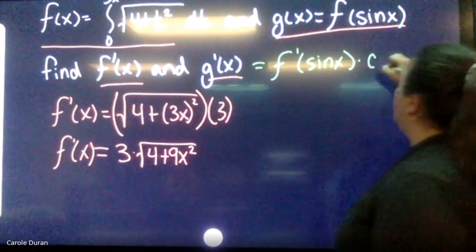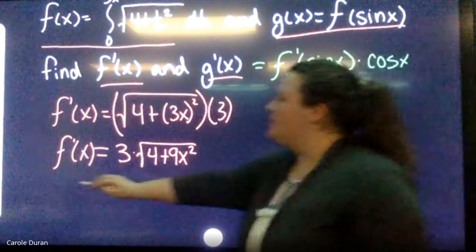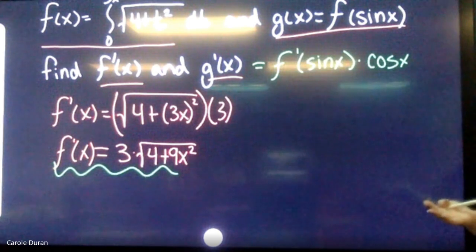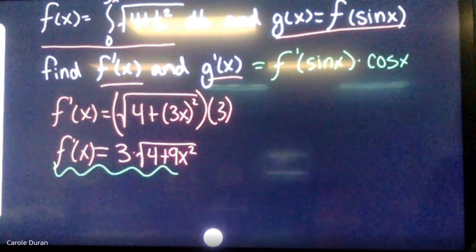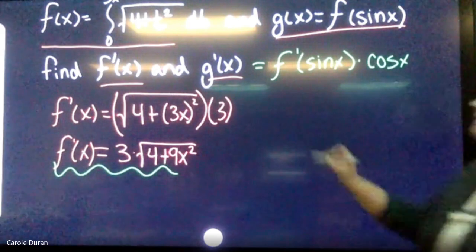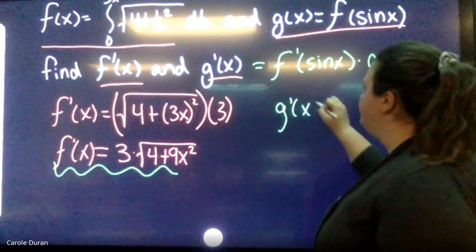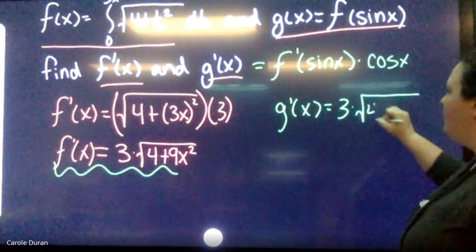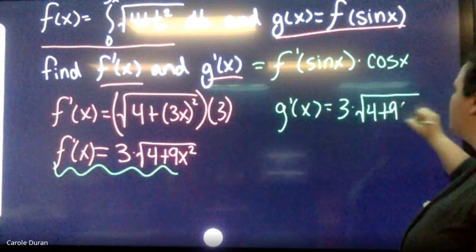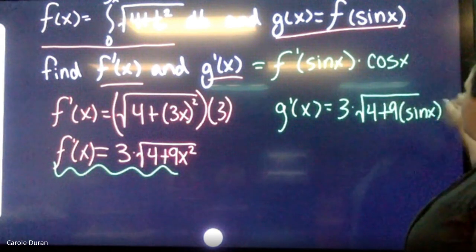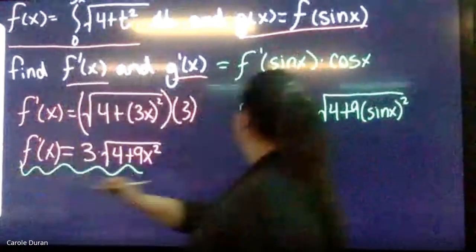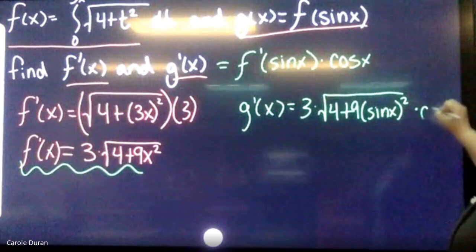Cosine. So I'm going to take this nice, pretty derivative function that I already calculated, plug sine into it, and multiply the whole thing by cosine. So 3 times the square root of 4 plus 9 times sine of x squared, and then all of that times cosine of x.